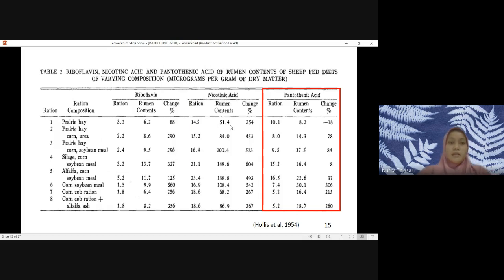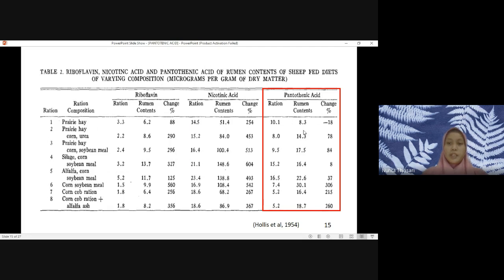And next table, I would like to mention the synthesis of pantothenic acid. Here we are comparing prairie hay, silage, and alfalfa as the forage, and then they add grain, the corn, and in some of the experiments they add soybean meal.